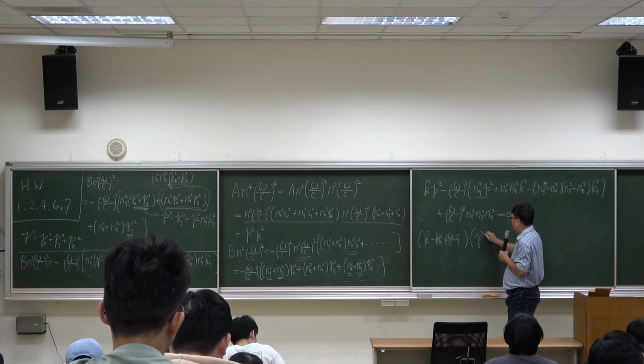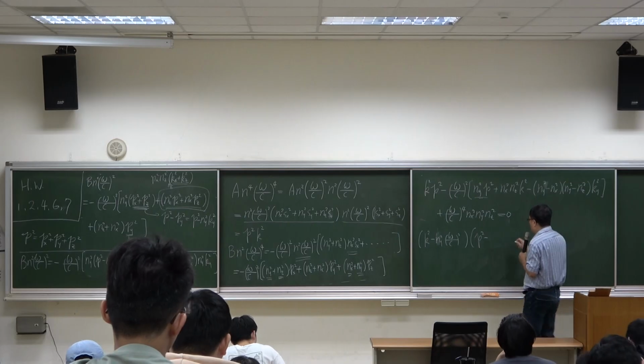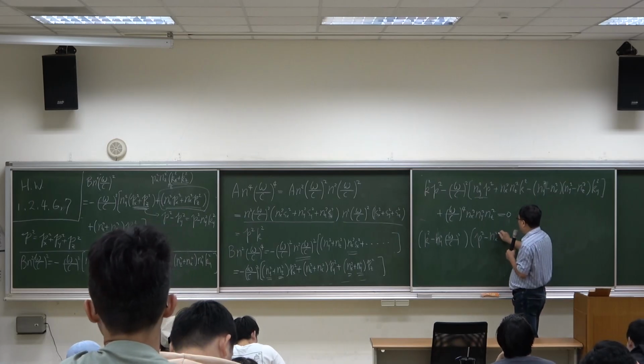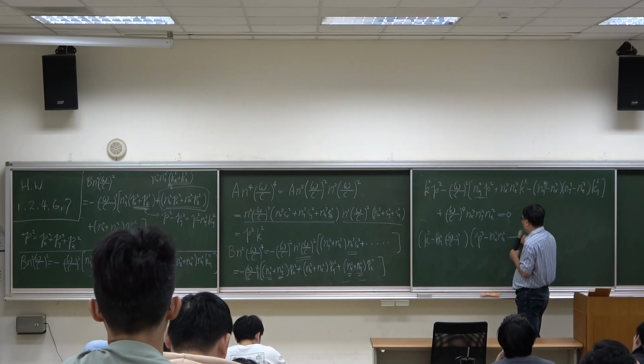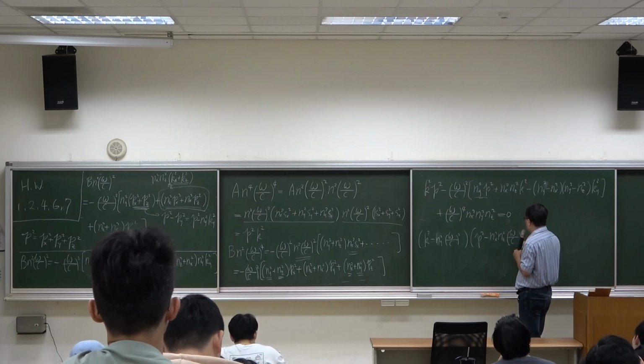P squared minus nx squared nz squared omega over c squared.